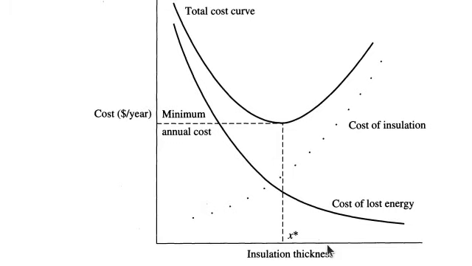Here you are increasing the insulation thickness, and here is the cost. First when you had no insulation, all the cost came from the energy loss. Then you provided the 1 inch thickness, and the cost of lost energy was this, and the cost of insulation was this. You add this data, so the total cost is this.